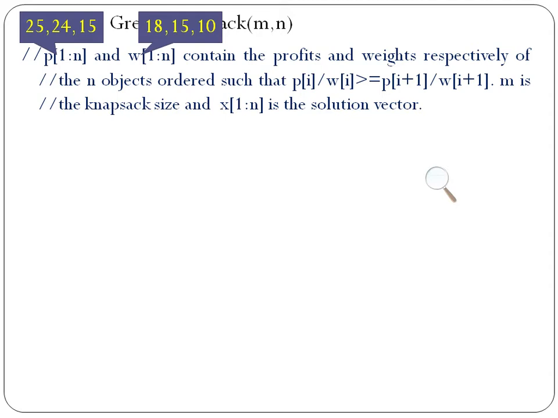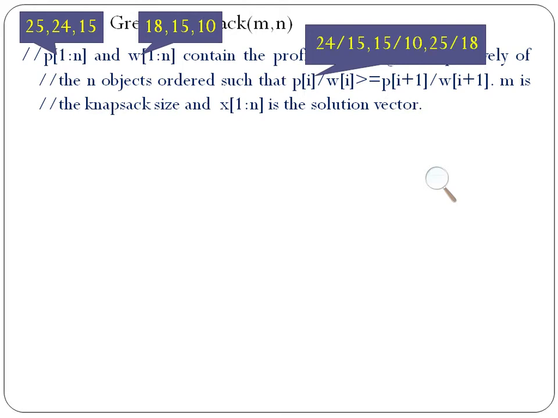Now after that, we have to order these three objects in such a way that the profit divided by weight ratio is greater than or equal to the profit divided by weight of the next element. So if we calculate it, we can find the profit divided by weight ratios.